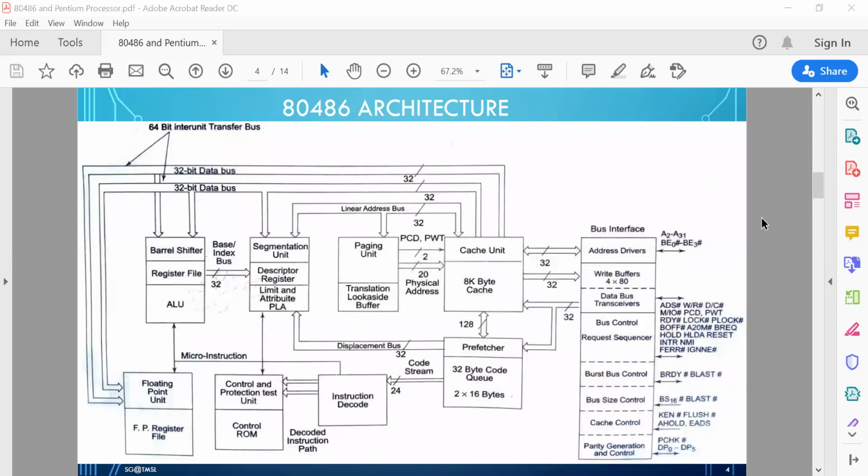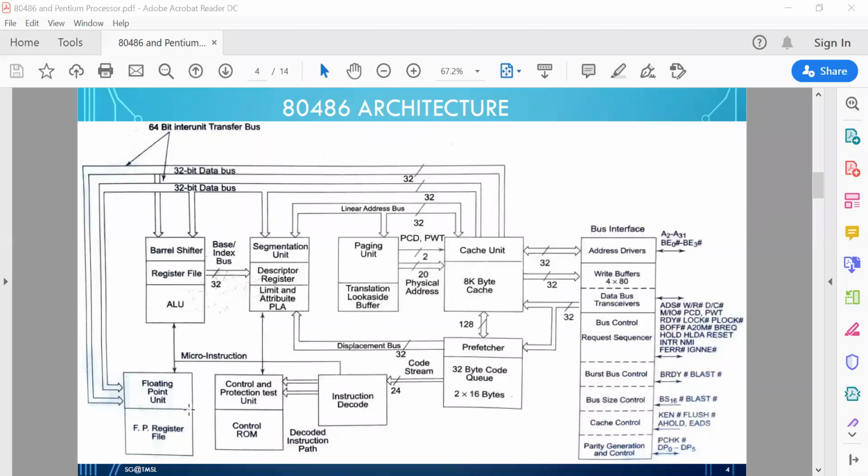So here is the architecture part, the 80486 architecture. The 80486 has an 8 kilobyte on-chip unified cache, which stores both code and data, and a floating point unit.